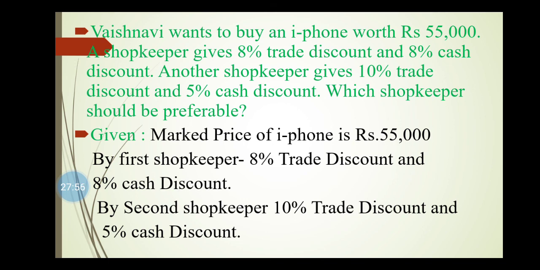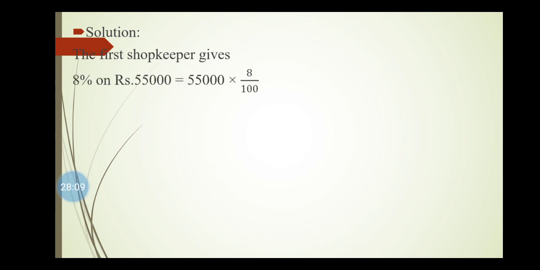Now we have to find which shopkeeper should be preferable. So the first shopkeeper gives 8% trade discount on rupees 55,000. So it becomes rupees 4,400, the trade discount in case of the first shopkeeper.